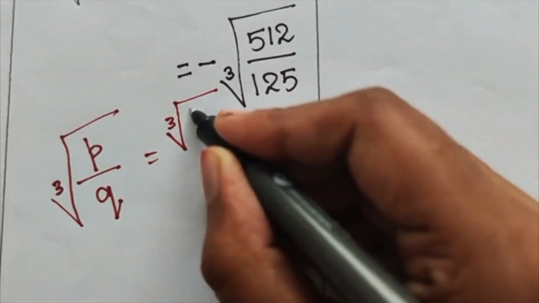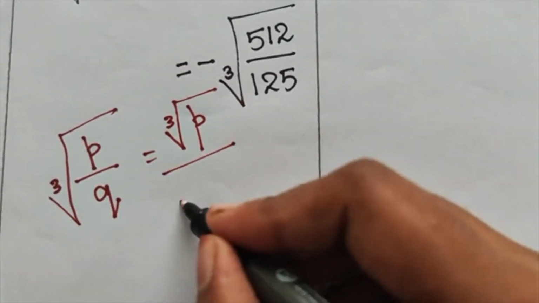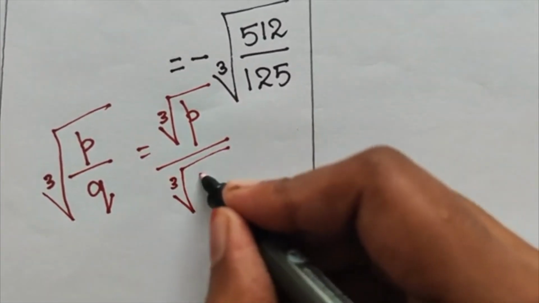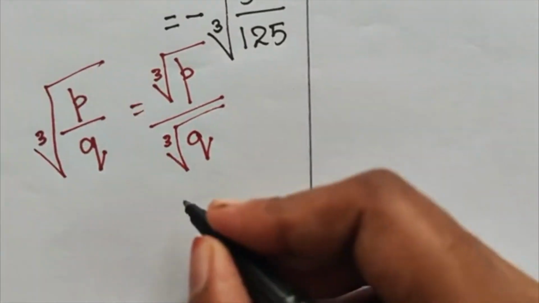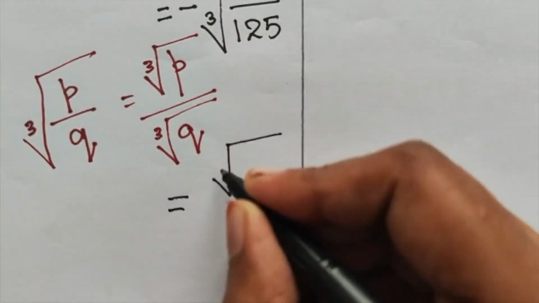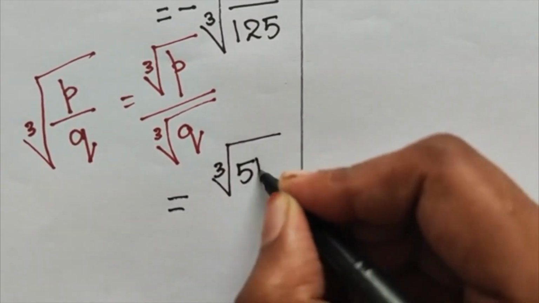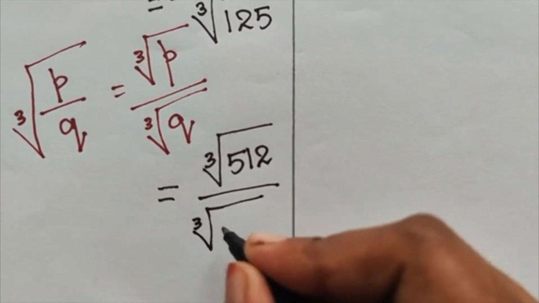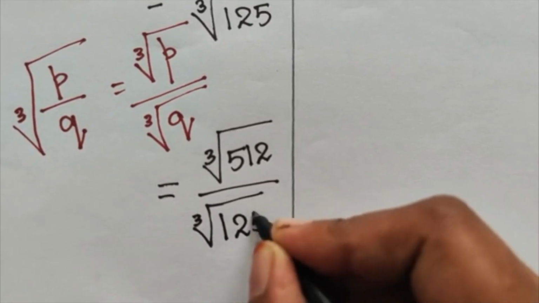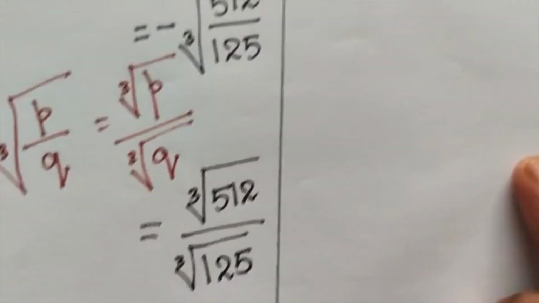That is, cube root of p by cube root of q. In the same way, we can split and write this one as cube root of 512 by cube root of 125.